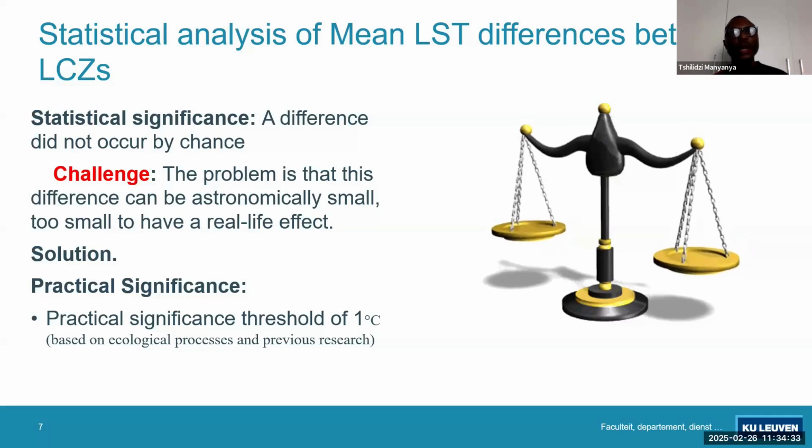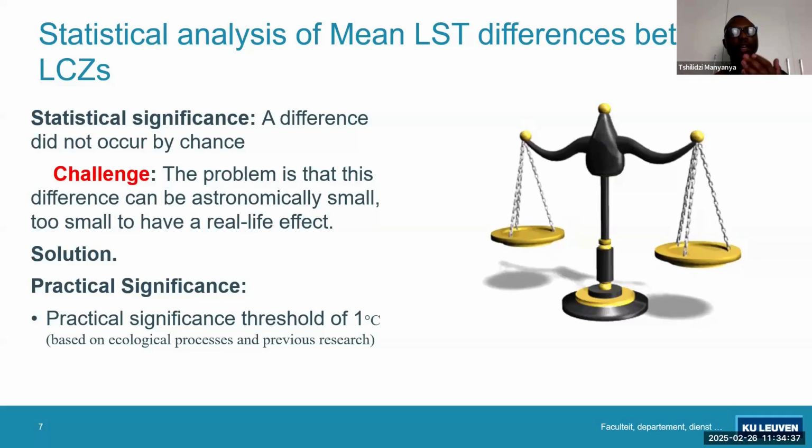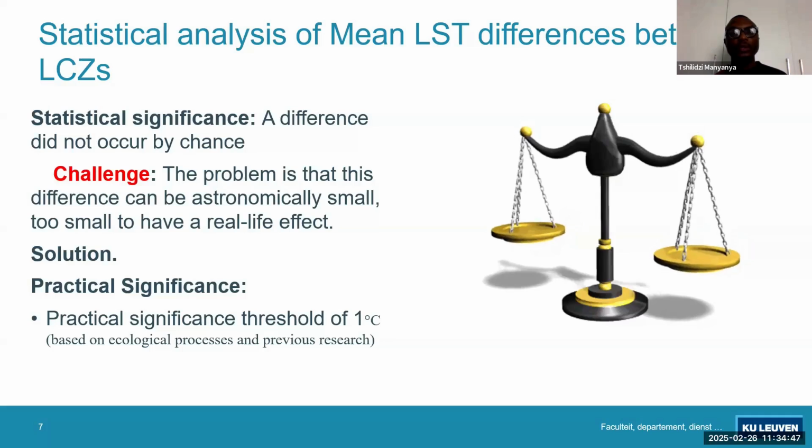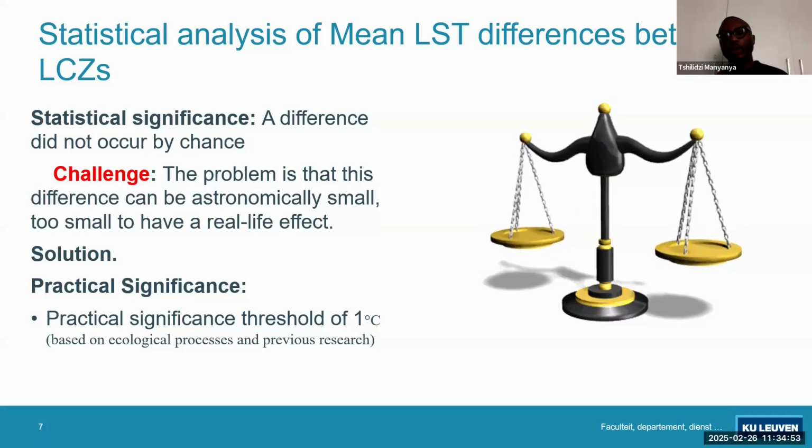So the challenge in this regard is that the difference can be astronomically small, too small to have a real life effect, like we just saw with local climate zone 2 and 3, where you had a difference of about 0.1, which does not really translate into the real world where it's going to have a real life effect.